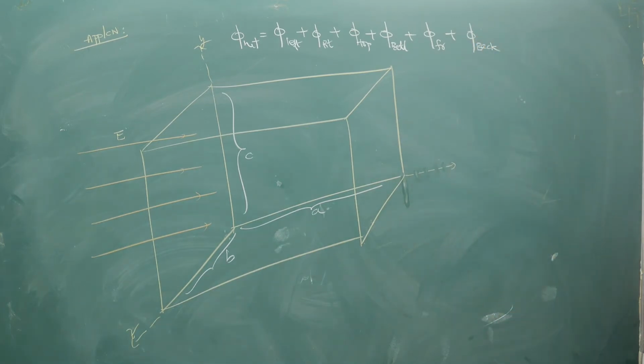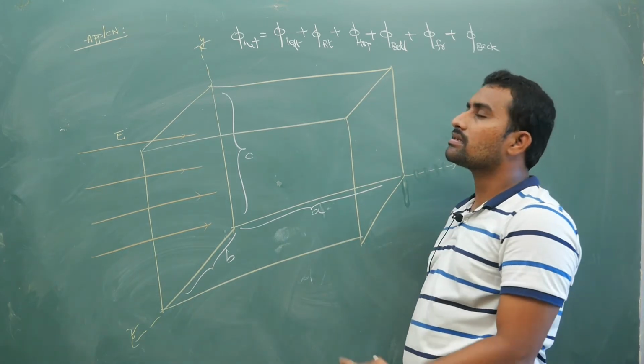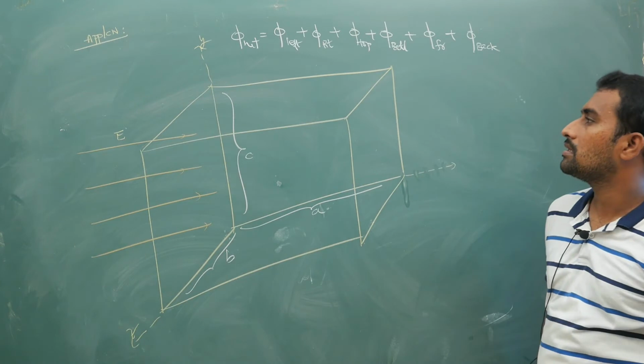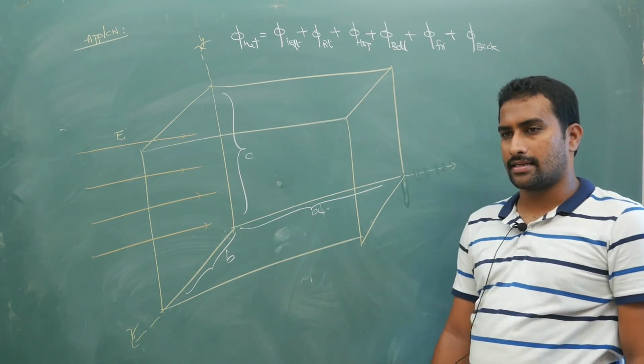Totally there are 6 faces to the cube, so for all these 6 faces we have to calculate the flux. Flux is a scalar quantity, so you can add it like this.